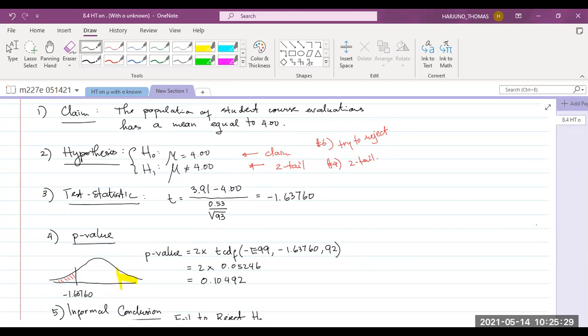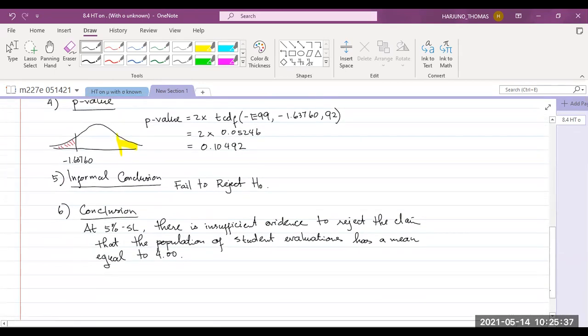You only do that if you really need to make a decision as a consequence. The conclusion is not that we support the claim. I will not mark you wrong if you say there is sufficient evidence to support the claim, but technically that's not correct.